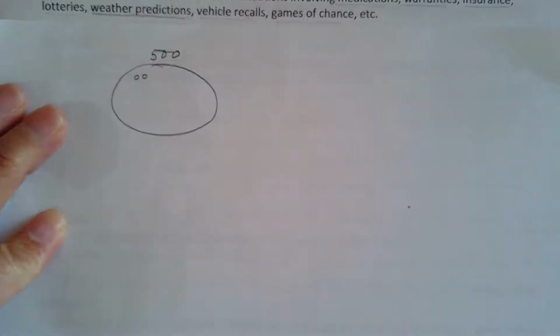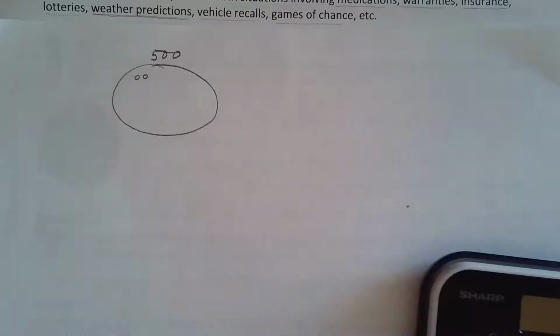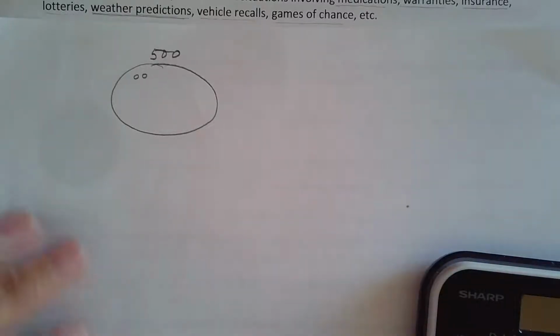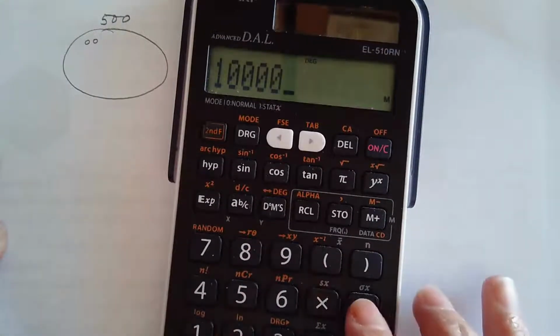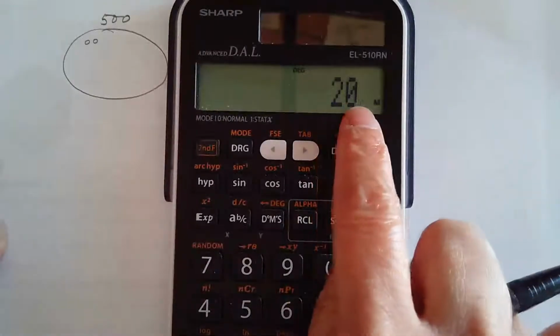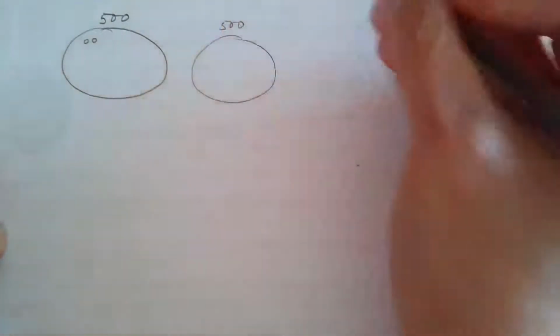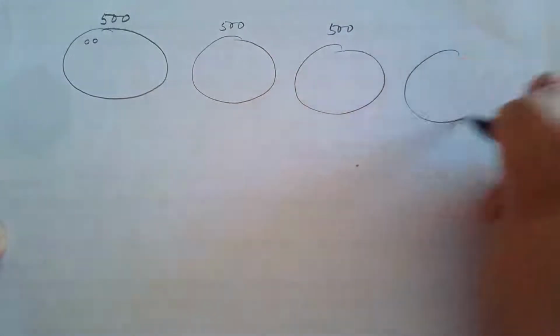So if we have 10,000, how many 500s are there in 10,000? We can go 10,000 divided by 500. There's going to be 20 batches of 500.